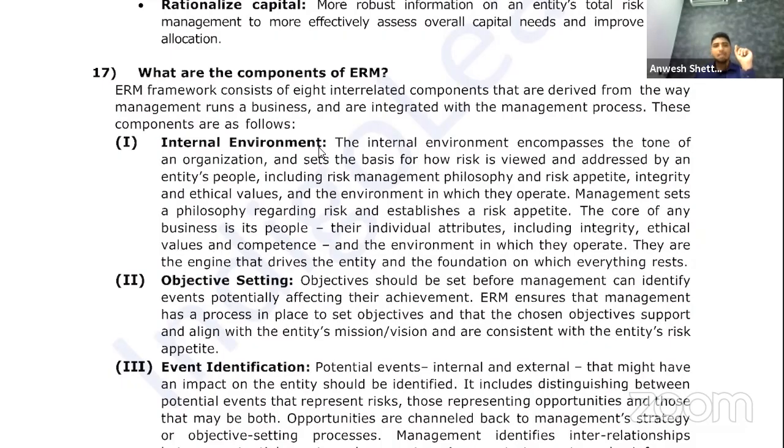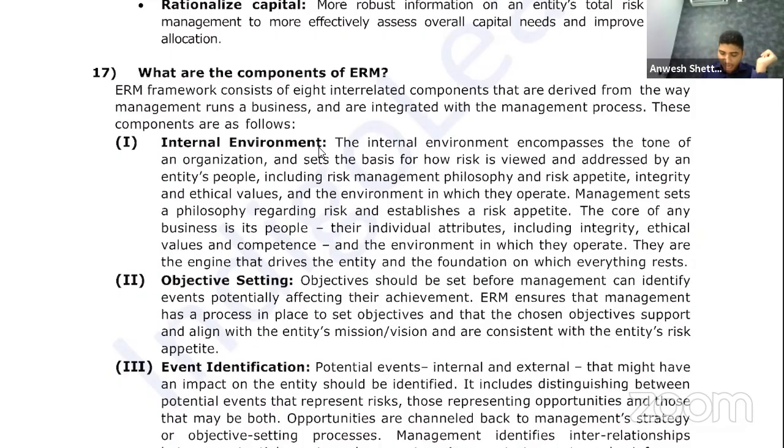Now ERM basically means the enterprise is managing the risk. In the previous example, when we talked about risk management strategies, we were just talking about how an individual can safeguard himself, with different strategies. But now we are talking about an entire company, a huge company, and how they manage their risk.